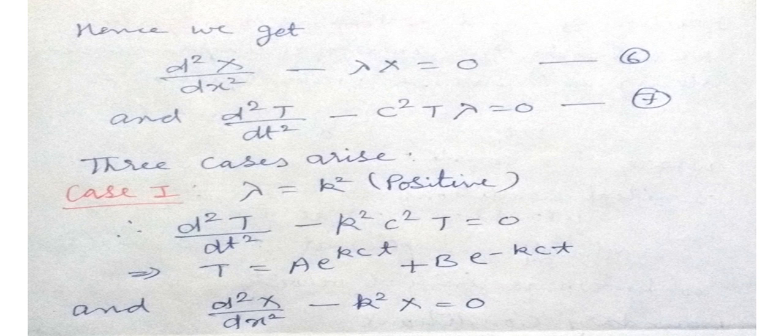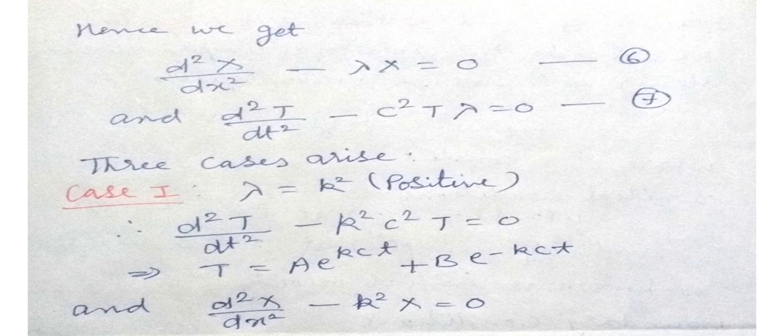So we can get d2X by dx square minus lambda X equal to 0 and d2T upon dt square minus c square T lambda equal to 0. So here three cases arise. Case 1, lambda equal to k square, that is positive. Therefore, d2T upon dt square minus k square c square T equal to 0 will be the form of equation 7.